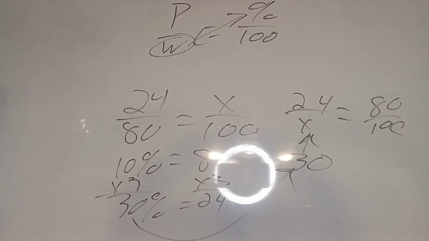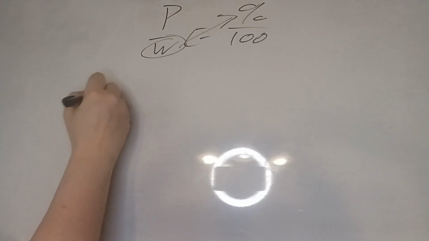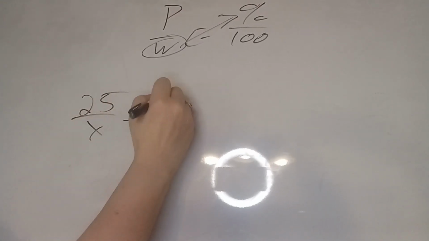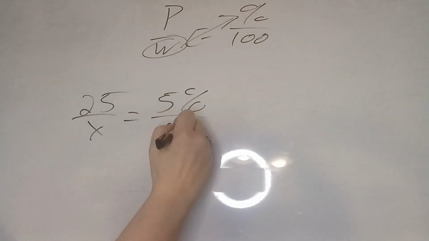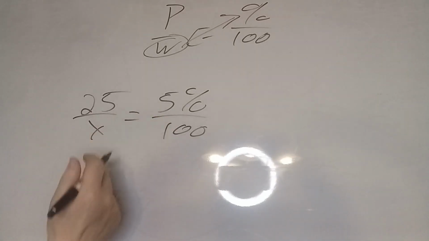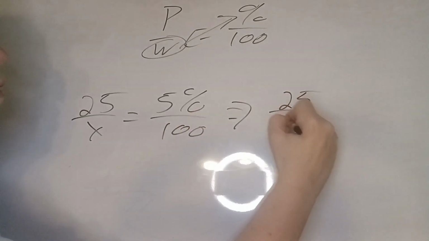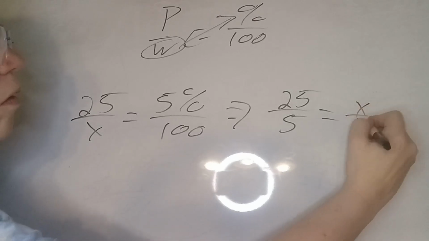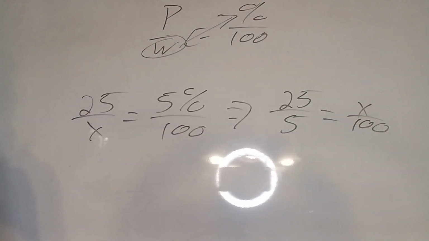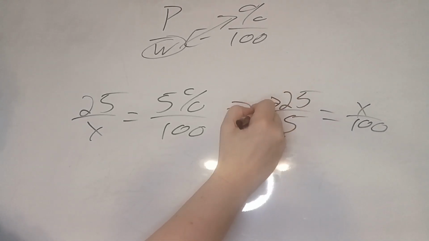All right, let's look at that again with a different example. 25 is 5% of something. We can swap these two. Now to go from here to here, we have to multiply times 5.